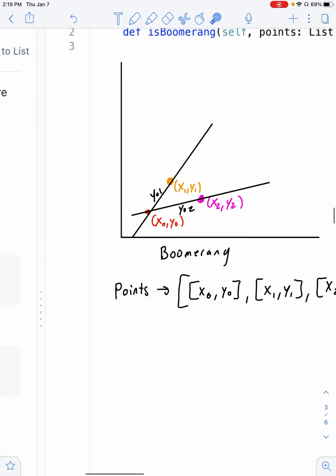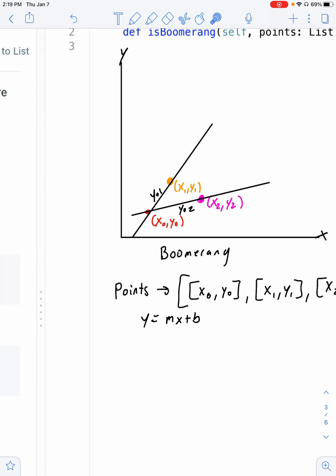Okay, so what we need to refer back to is the equation of a line. If you remember, the equation of some generic line is y equals mx plus b, where x is your input, which would refer to maybe this axis, y is your output, and m represents your slope, the change relating your output versus input.